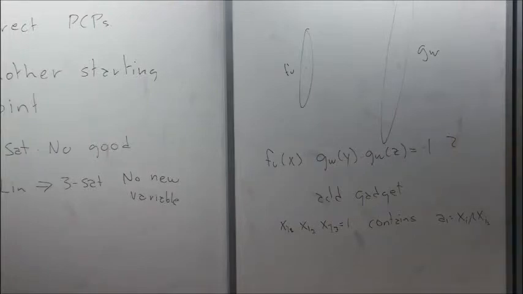But we know what these auxiliary variables should look like in the good case, when we have a satisfying assignment. The value of this auxiliary variable should be, for instance, the AND of these two variables.